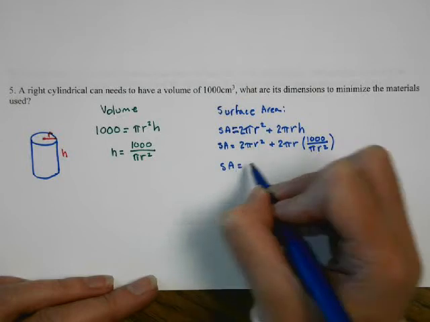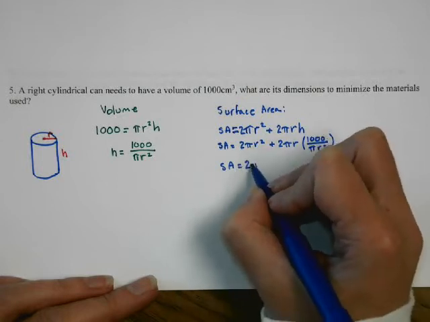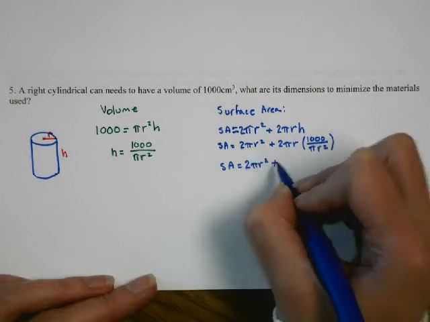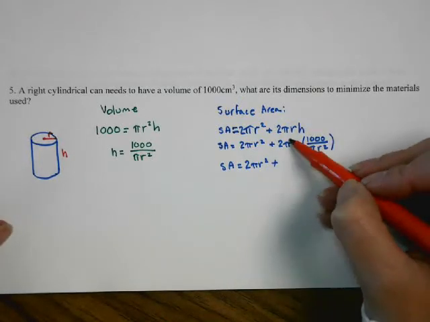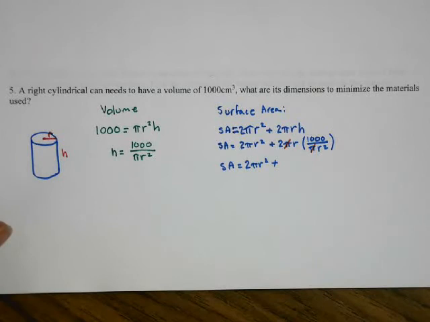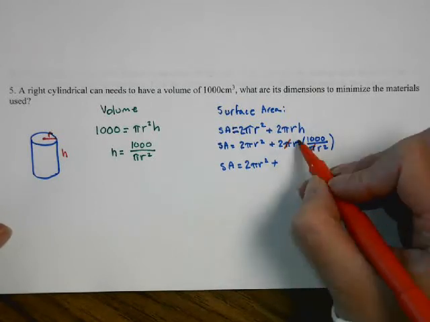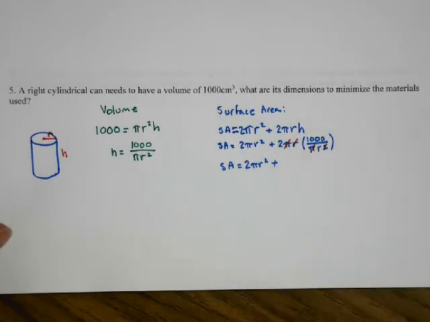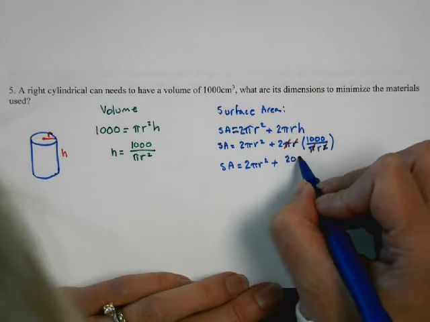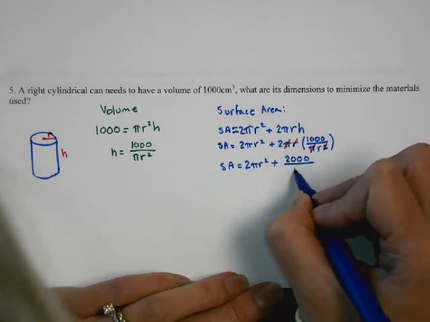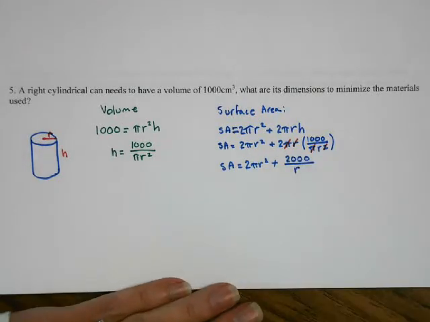Again, we'll simplify this before we take the derivative. So if we look at this, I have pi on top and pi on the bottom will cancel. The r will cancel with one of those r's, and then we'll multiply the 2 times the 1,000. So we'll have 2,000 over r.